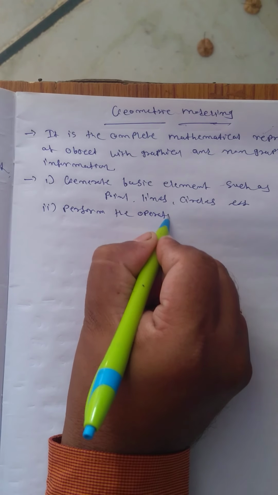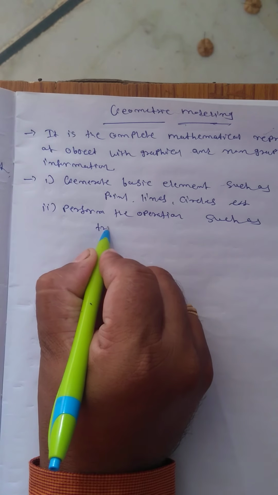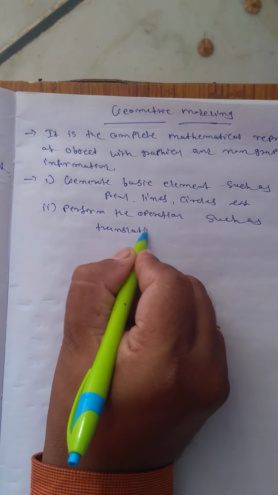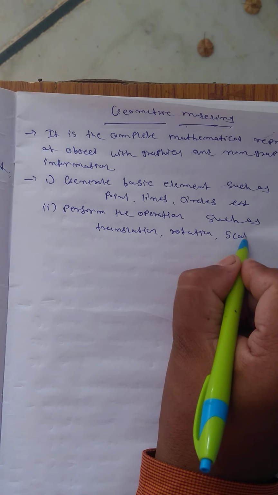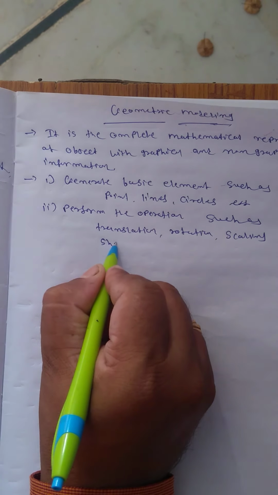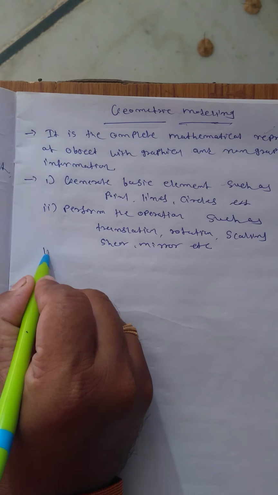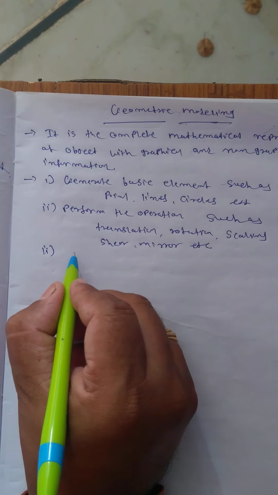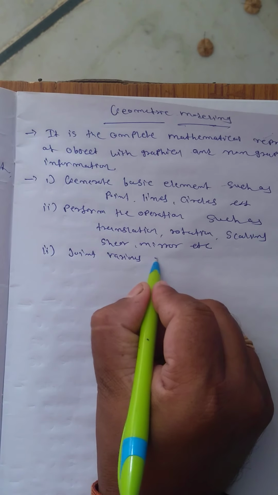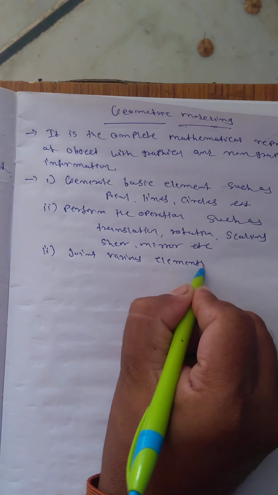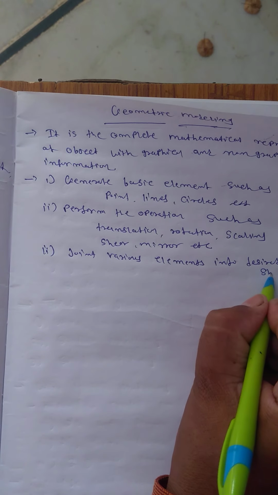The second command of the graphics image is to perform operations such as translation, rotation, scaling, shear, mirror, etc. The third command of the graphics image is to join the various elements into the desired shape.